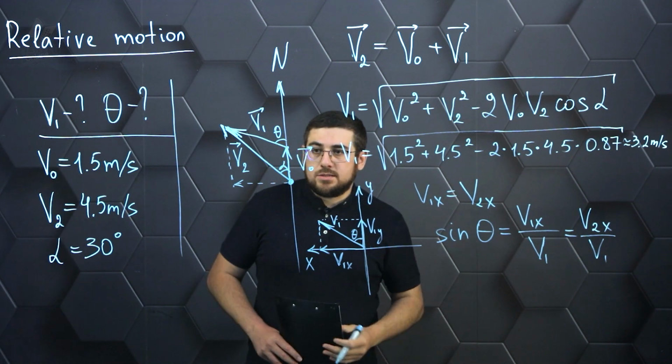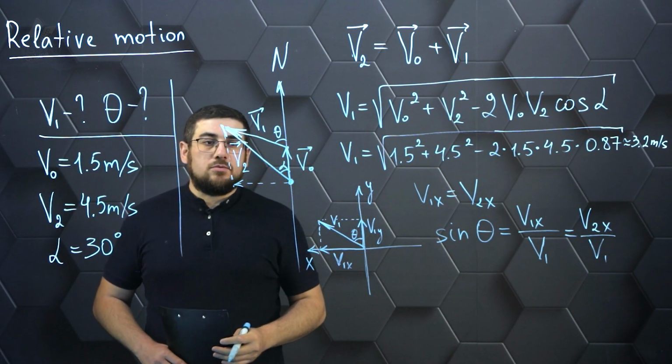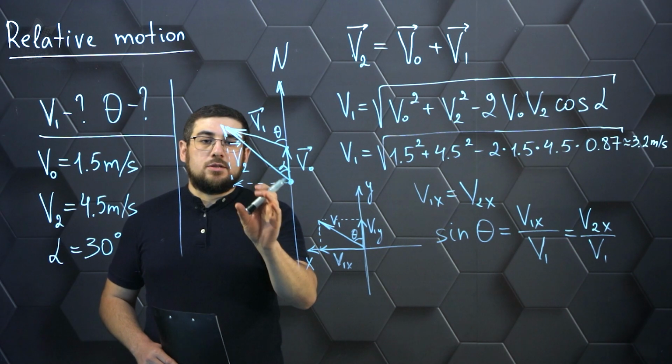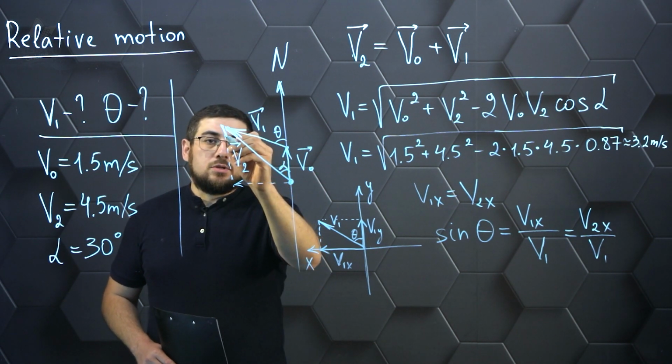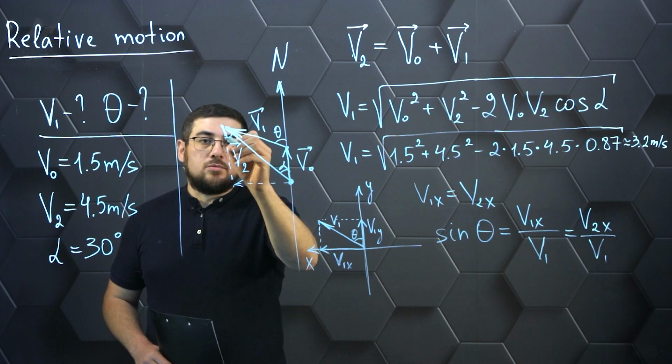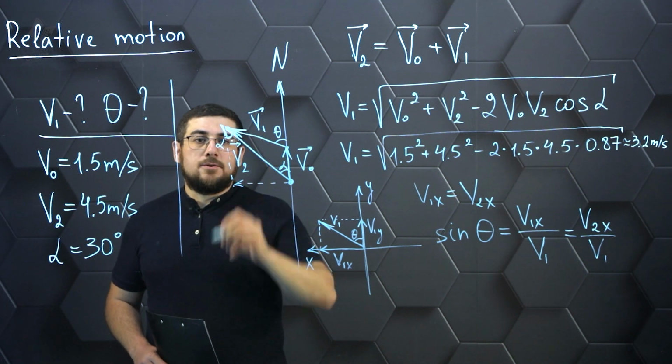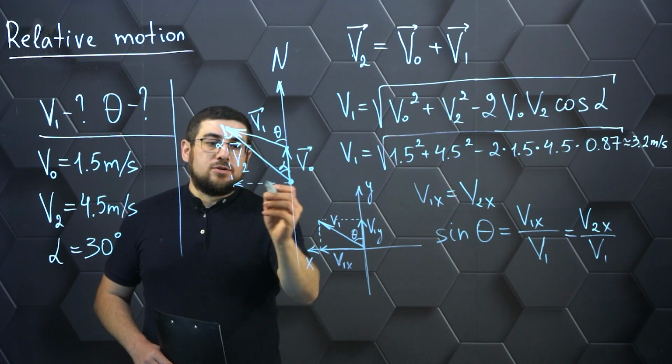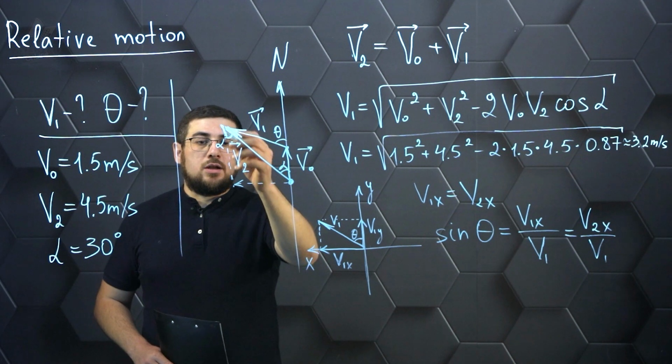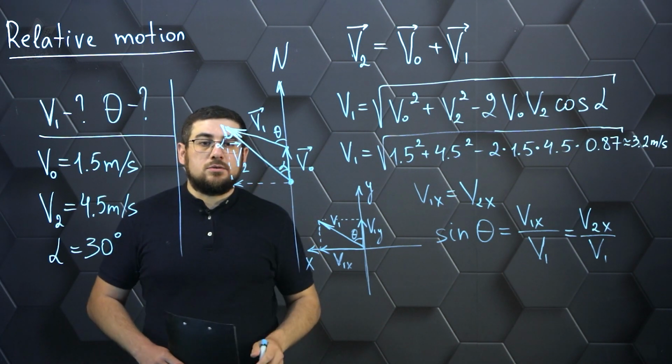What is v2x? Let's look at the figure. In this case, v2x is the component of the velocity v2. It can be easily found if we mark the angle alpha in this triangle here, and see that this is the opposite cathetus for this angle alpha in the velocity triangle with hypotenuse v2.